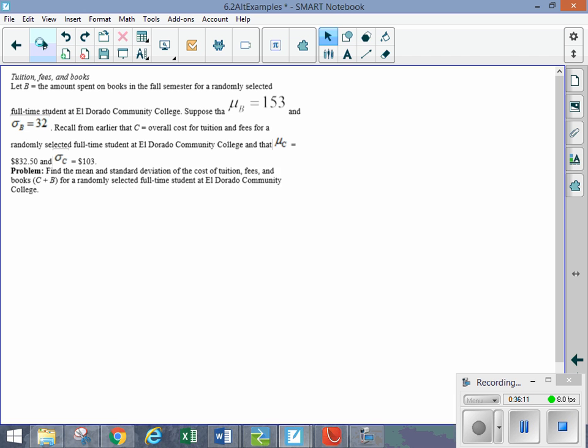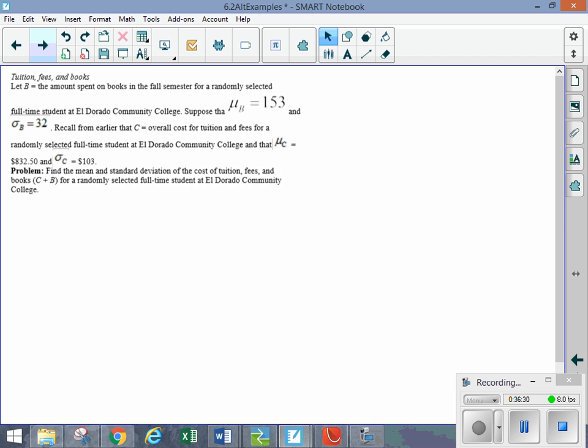Okay. So tuition, fees, and books. The amount spent on books in the fall semester for a randomly selected student is, okay, we've got B as our new distribution.